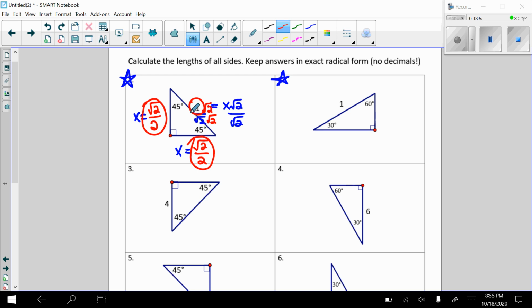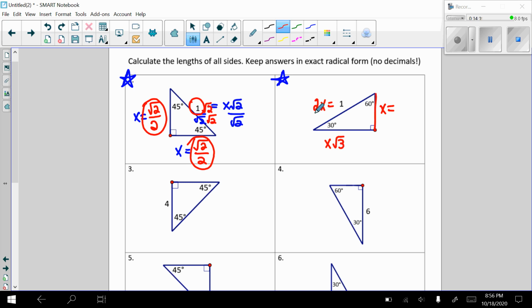When we move on to the 30, 60, 90, again, this is a special triangle. It's a 30, 60, 90, but it's special also because the hypotenuse is 1. Our short side is x. Our hypotenuse is 2x. And our medium side is x root 3.